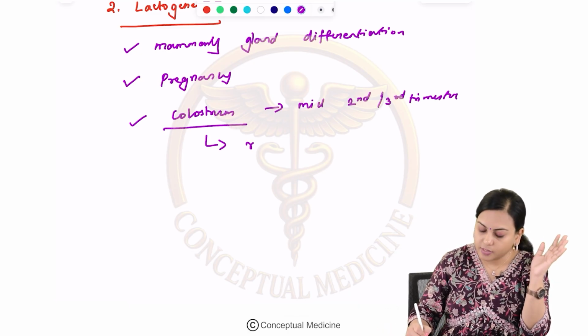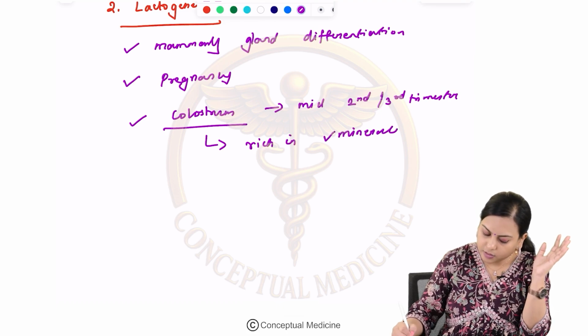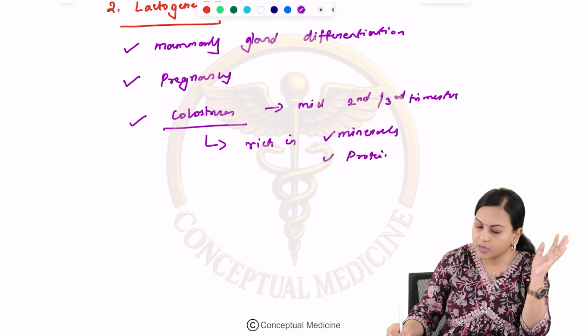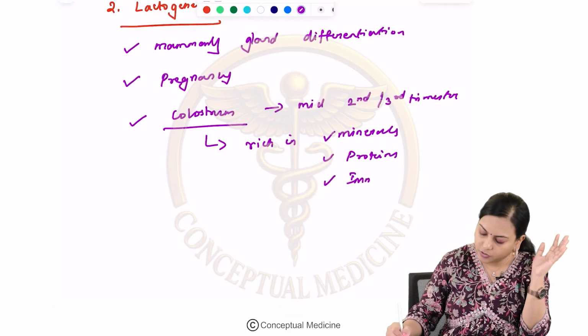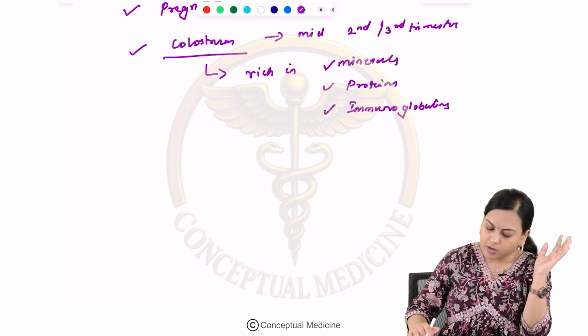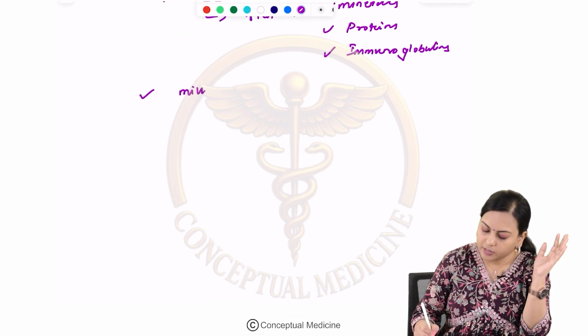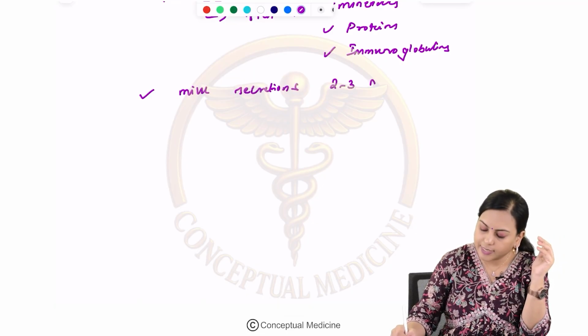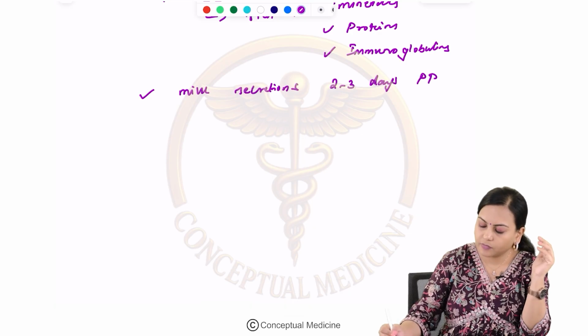Remember, this colostrum is rich in minerals, proteins as well as immunoglobulins. After this, the regular milk secretion starts 2 to 3 days postpartum.